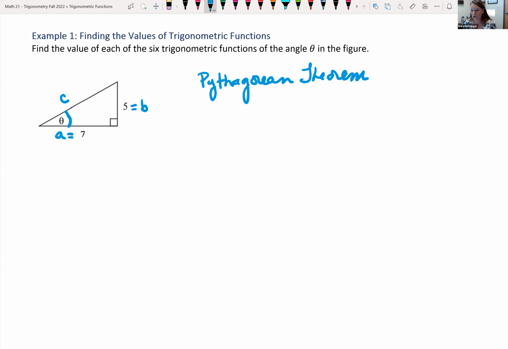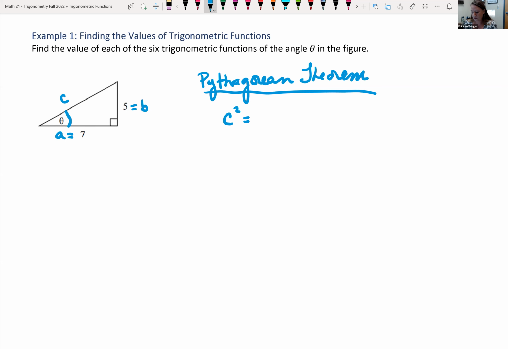This theorem you're going to use a lot in this course, and you will also see it when you're doing your calculus. So you want to get this down. The Pythagorean theorem says that you're going to square the hypotenuse side. This is equal to the sum of the square of each leg. So this is equal to 7 squared plus 5 squared.